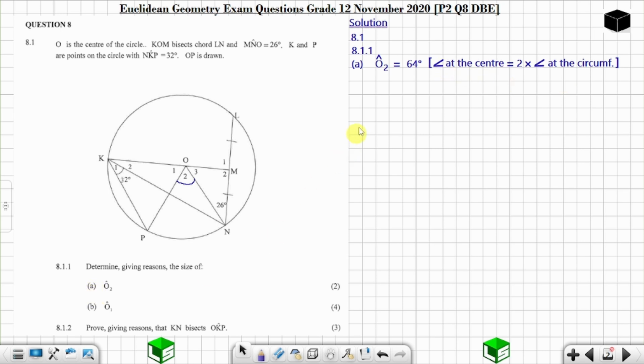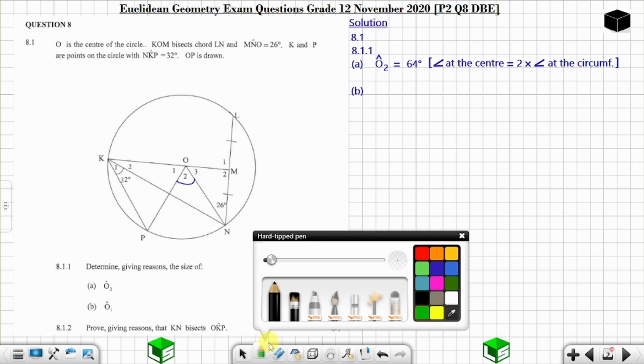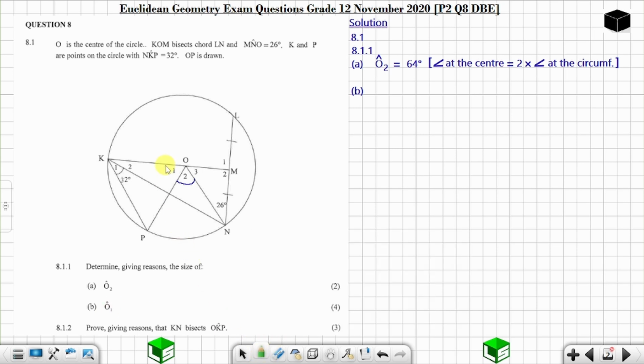Now, question B. Determine the angle O1. This angle O1. We can find the angle O1 using this line, the line KOM.